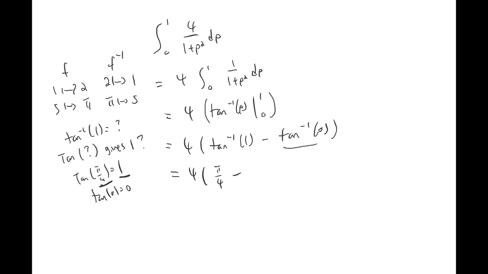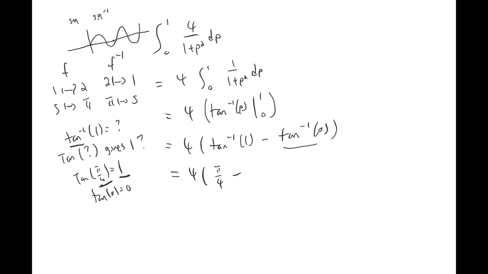Here's another thing. When we write tan inverse, remember from math 2A, you restrict it to some interval. Because of course, like sine and sine inverse, sine looks like this. It goes from negative pi over 2 to pi over 2. There's a reason you need to restrict it to some interval.